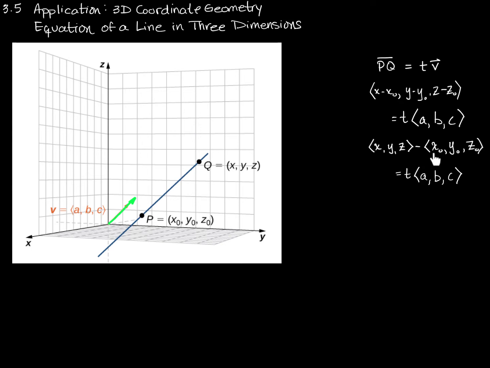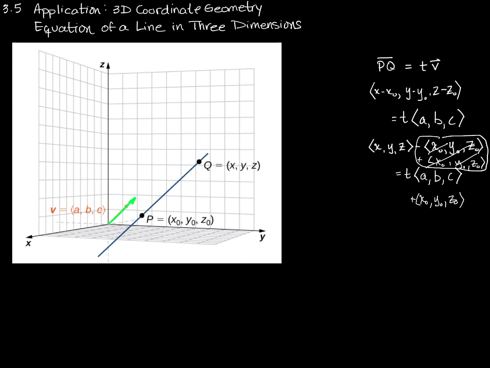Okay, now I'm going to take this vector here, x naught, y naught, z naught, and I'm going to add that vector to both sides. And just as in algebra, if I add the vector x naught, y naught, z naught to both sides, then these two copies add up to 0 and they cancel each other out.